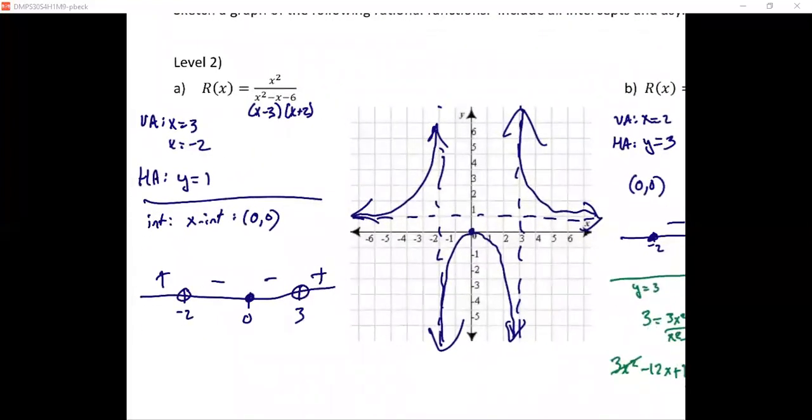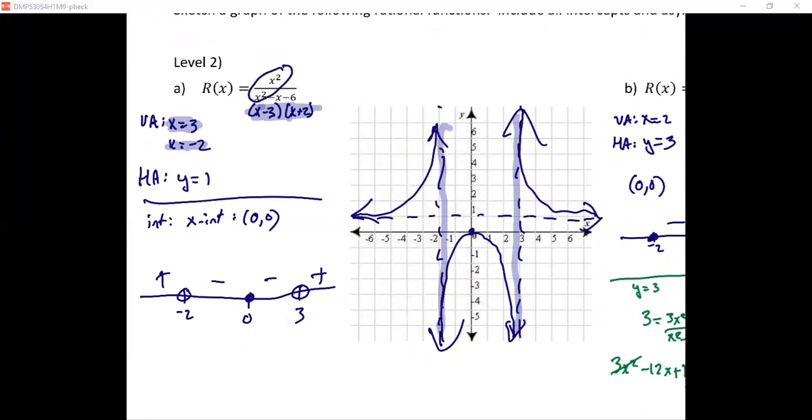So our first problem, what I did was I factored my denominator, because the factor x minus 3 tells me x equals 3 is a vertical asymptote. Followed by x plus 2. That factor tells us that x equals -2 is a vertical asymptote. Now, from this original form, we see that the degrees of these are the same.